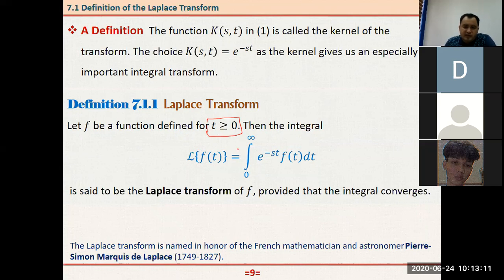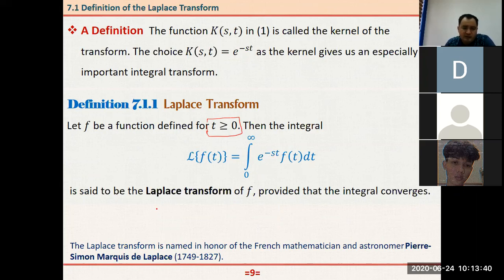So we are introducing the Laplace transform as this. This is a kind of curly L, and here we have curly brackets. This is how we use it. Here, F. Now we are transforming this function into another function. So the Laplace transform of f is this integral from 0 to positive infinity, an improper integral, of e to the power minus st f of t dt.